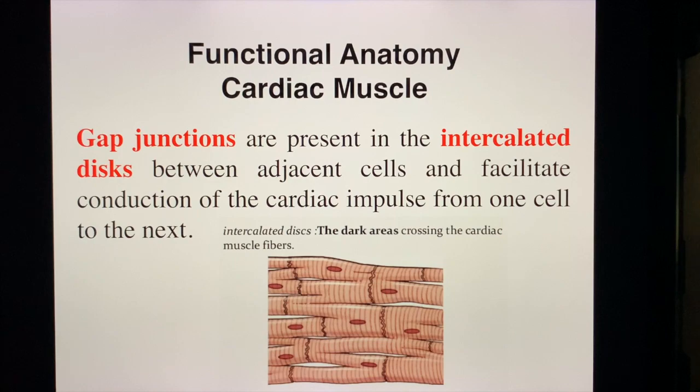Now, the gap junctions are present in the intercalated disc in between adjacent cells, and this would facilitate the fast conduction of the cardiac impulse from one cardiac cell to the next. So don't forget one of the pearls of the cardiac muscle, and that is the presence of your intercalated disc.